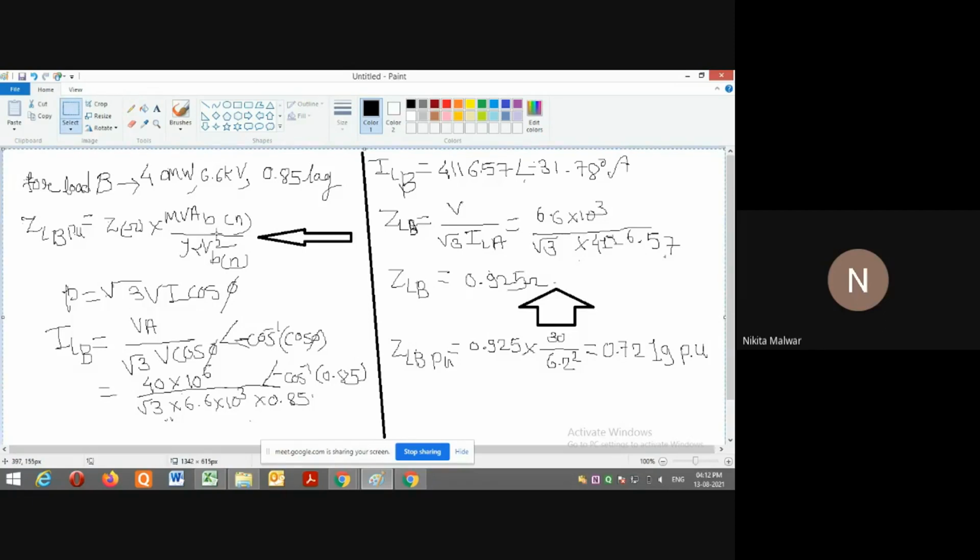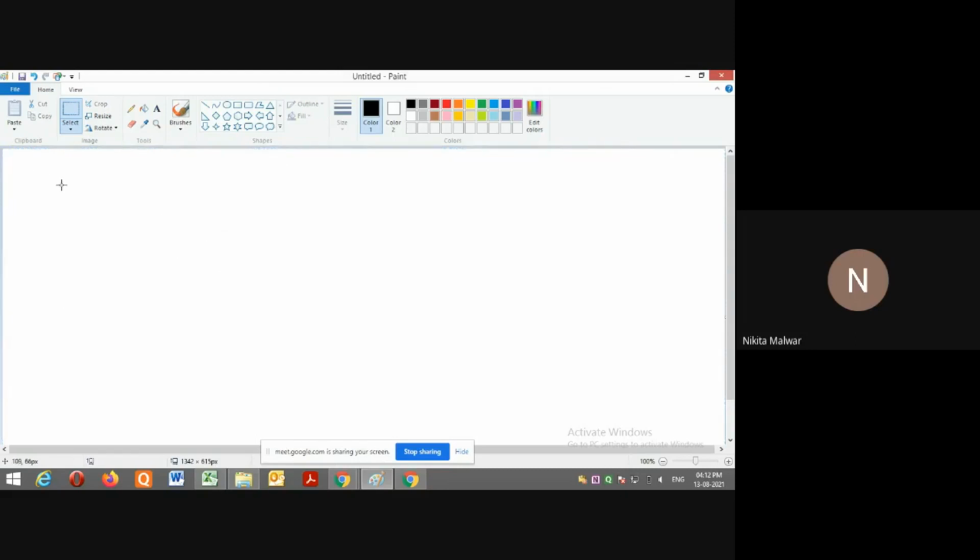Let us draw the impedance diagram. In your impedance diagram, we will first consider the single line diagram which is already given in your question.